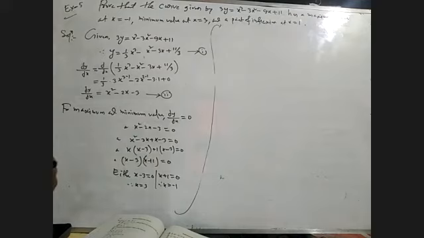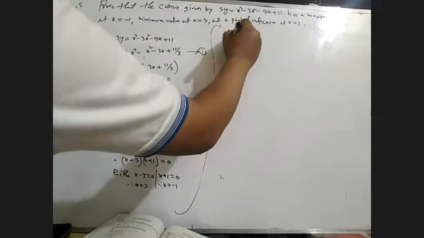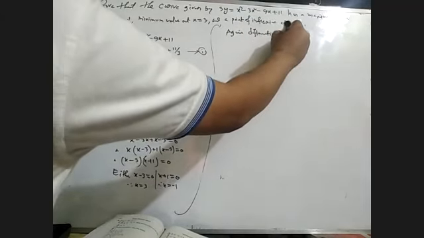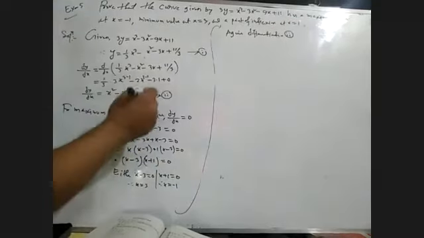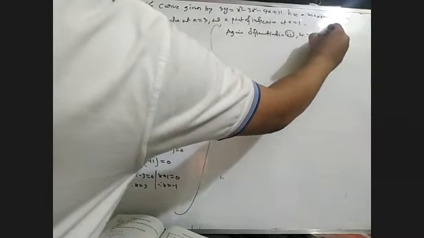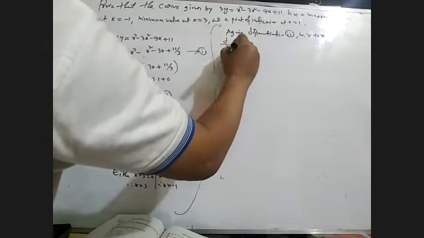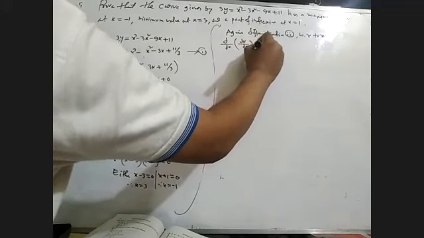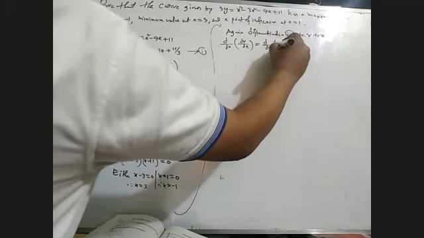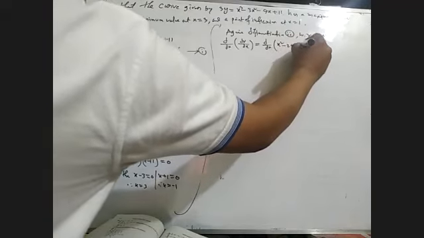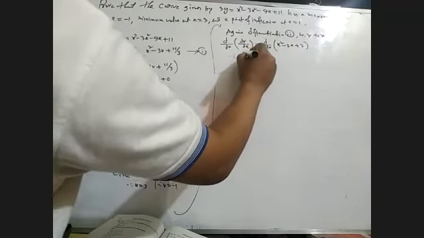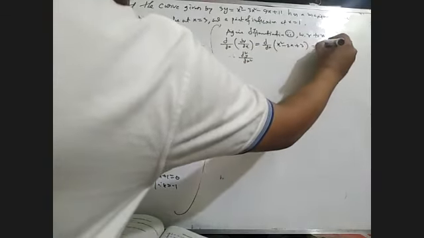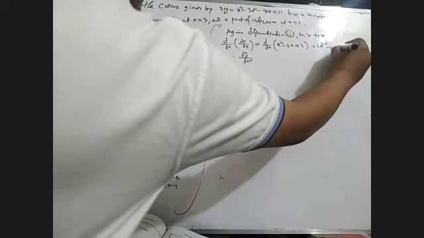So again differentiating equation 2 with respect to x, that means taking d/dx on both sides of 2, d squared y by dx squared equals 2 into x to the power 2 minus 1, minus 2 into 1, plus 0.